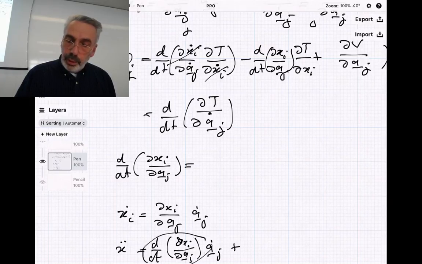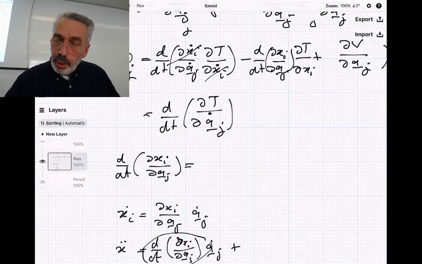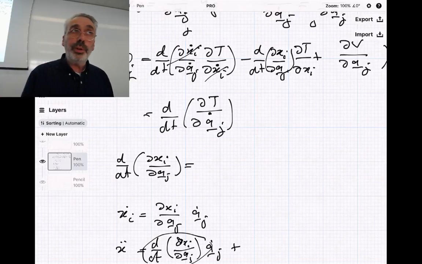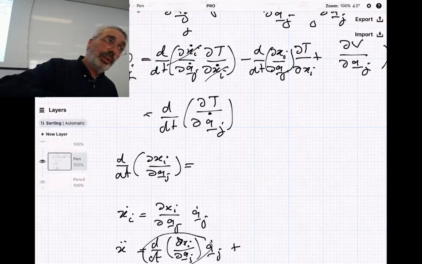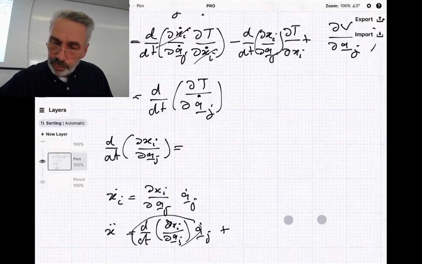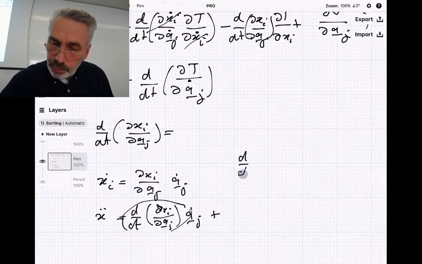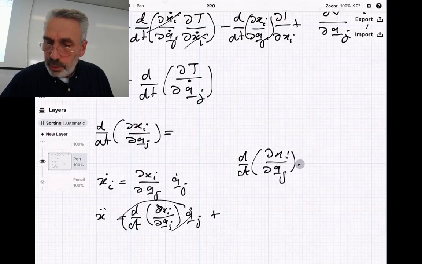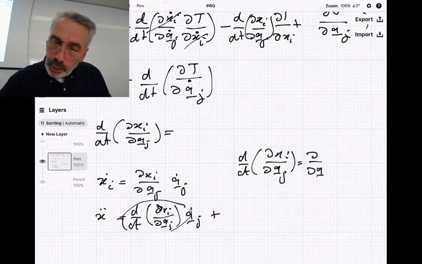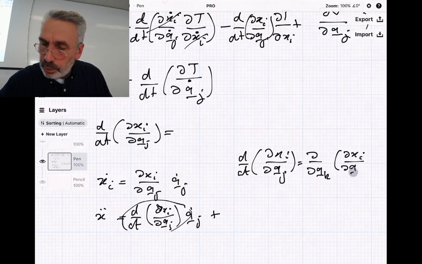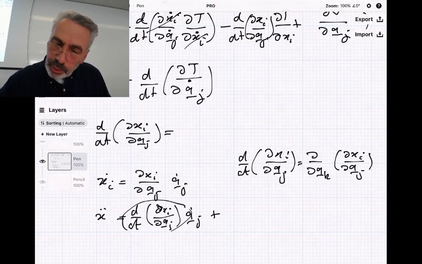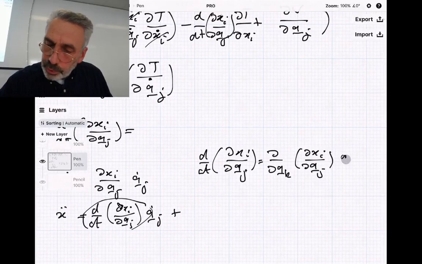But this guy, of course, is a function of the coordinates itself. And as you know, taking the time derivative, when it's a function, is the first partial derivative times the derivative of. So taking the time derivative of these guys is identical to first taking the partial derivative, dqk for instance, of dxi/dqj, and then times the time derivative, q dot k.